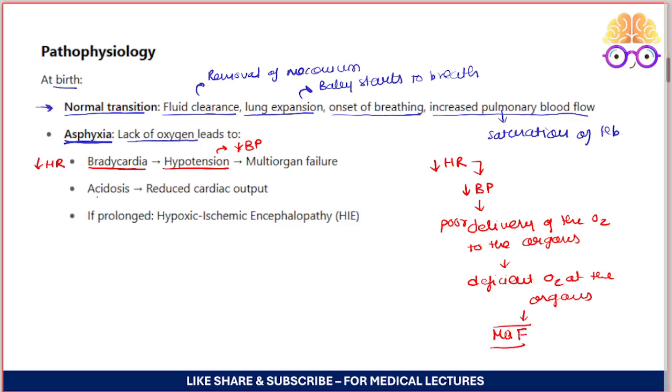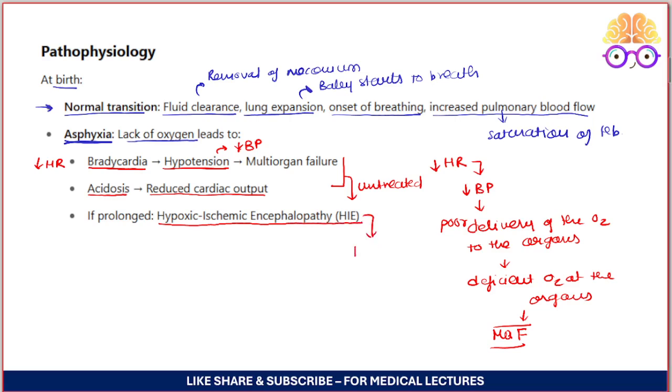And then we have acidosis, a metabolic imbalance. Acidosis will lead to reduced cardiac output. And if both of these things are untreated, then it will lead to hypoxic ischemic encephalopathy, and this will ultimately lead to death of the baby.